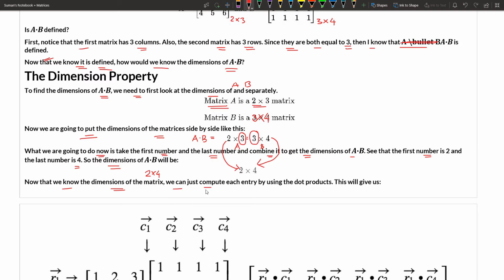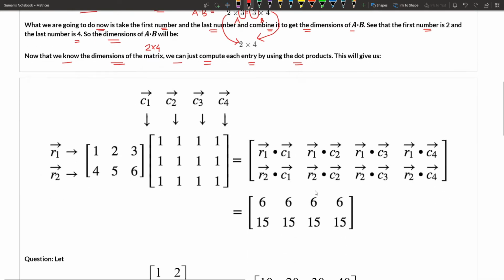So we can compute each entry by using dot products, and this will give us the following. That is our row 1: 1, 2, 3 and row 2: 4, 5, 6 for the first matrix, A. And for the second matrix, column 1, column 2, column 3 and column 4. So we know the resultant matrix would be of order 2 cross 4.